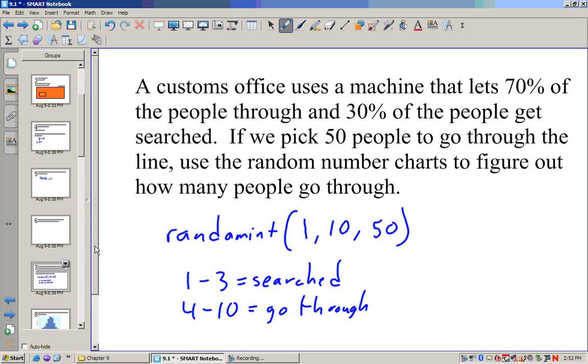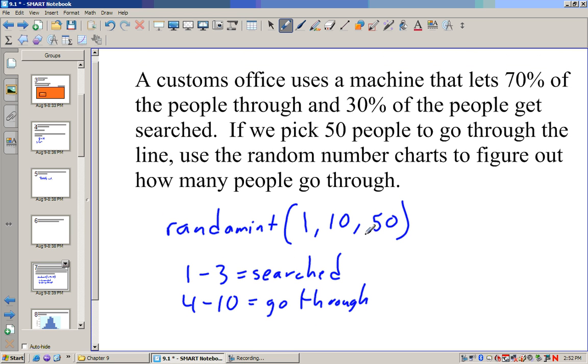Now, I'm doing this at home, and I don't have a fancy calculator to do this along with, but you can do this and count up how many people get searched, and you'll have some number over 50, and that number should be pretty close to 0.3, but it probably won't be exactly 0.3. So you can figure that out, put that number over 50, and you'll get your p hat.